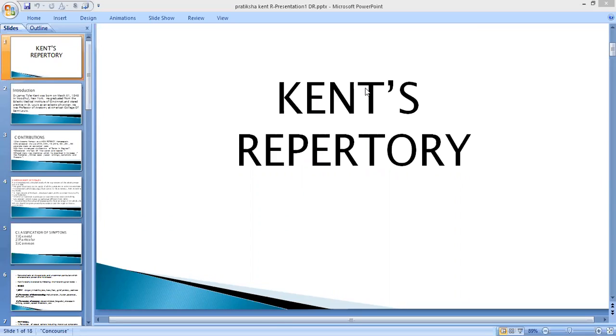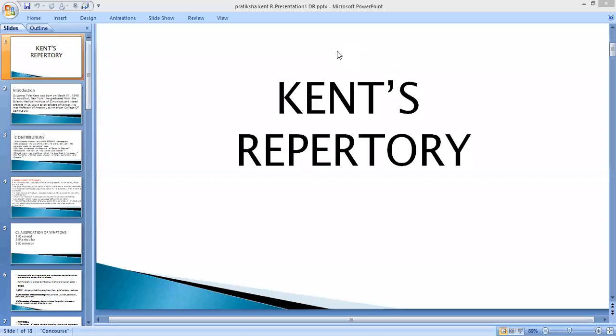Once his wife fell ill in about 1878, and at that time whatever medical treatments were available, they tried all of them, but she did not respond to any treatment, either eclectic or allopathic or any other mode of treatment present at that time.